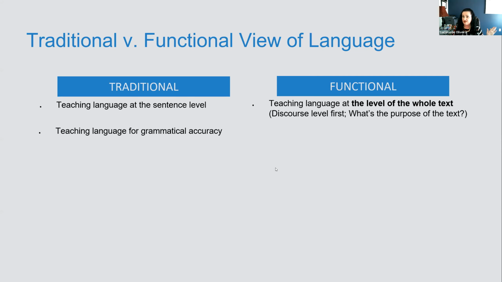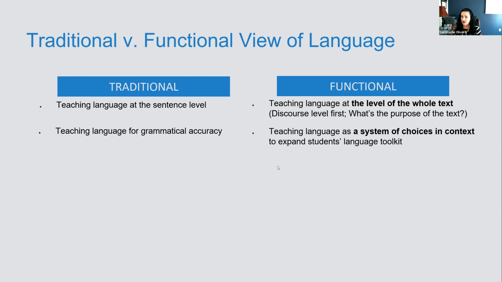This is very traditional. What we want is to teach language as a system of choices in context to expand students' language toolkit. For traditional, structures or vocabulary first. So there was a lot of pre-teaching of vocabulary words. We don't want to pre-teach vocabulary words.